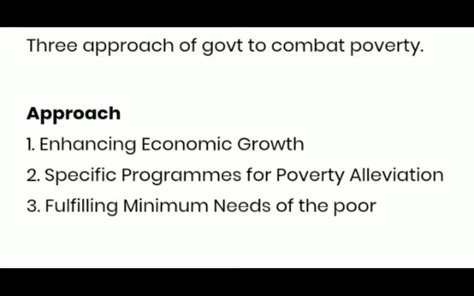So, the poverty line divides the population into two groups as poor and non poor, as APL and BPL.